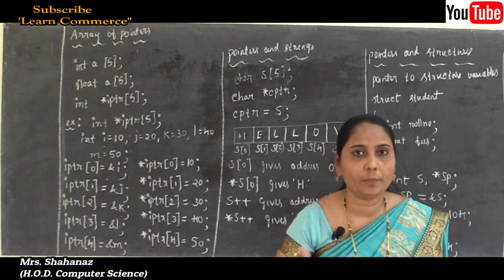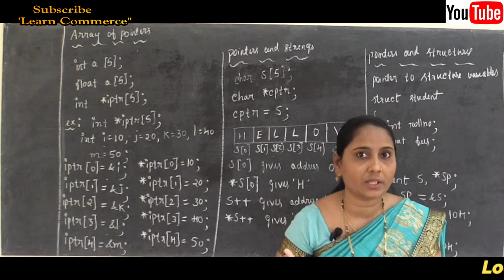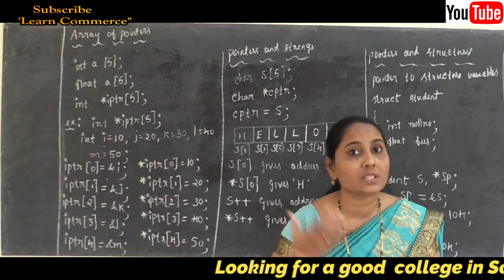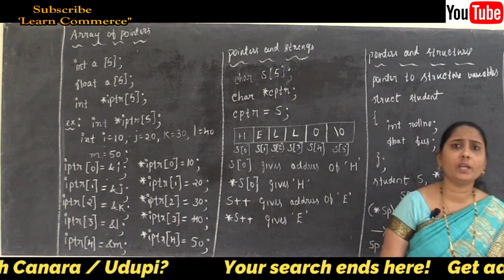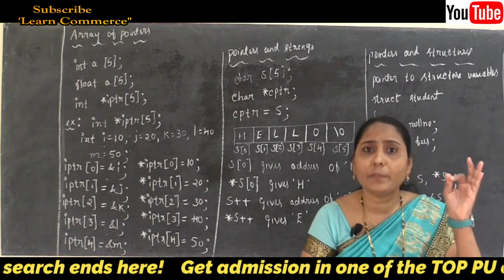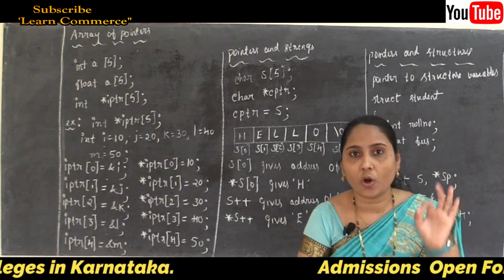Why? Because we know the meaning of the array is a collection, and a pointer stores an address. So finally, an array of pointers is a collection of addresses.